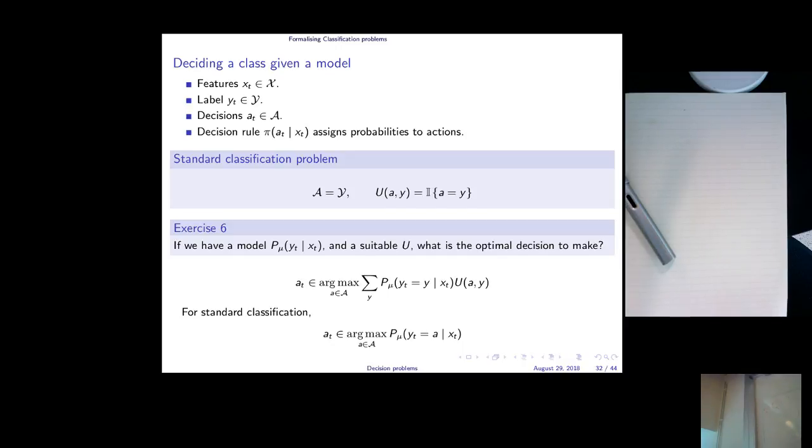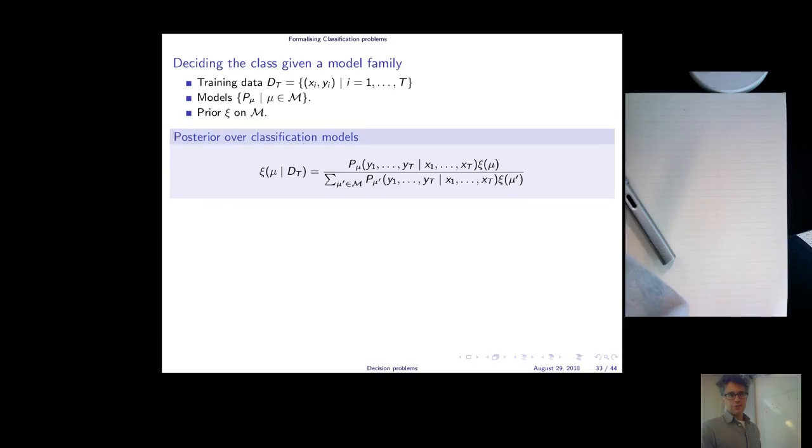For every y that's not equal to a_t, this is 0, so it just becomes this. That means you should just select the action that maximizes the probability, the mode. This gives the classical classification problem, but we don't have the model.